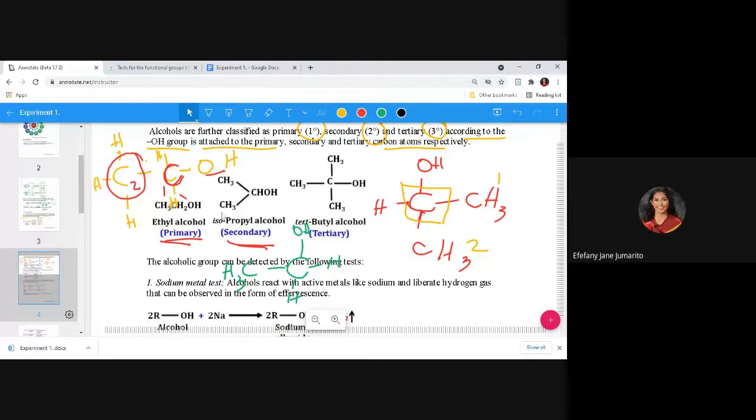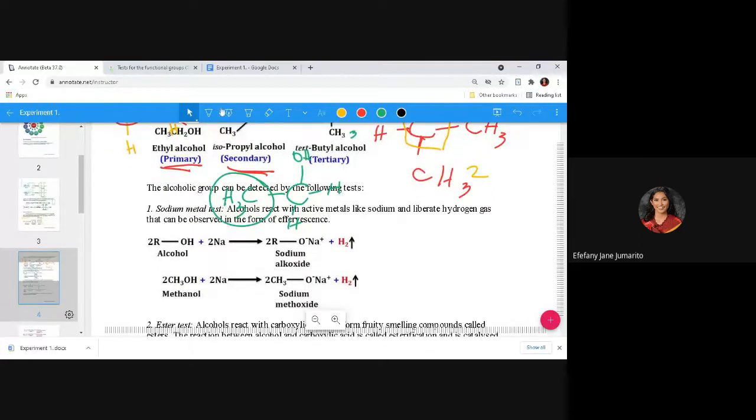Primary, ma'am. Primary, because we only have one alkyl group. What about this? Tert-butyl. Is it primary, secondary, or tertiary? Tertiary. Okay, tertiary. 1, 2, 3.